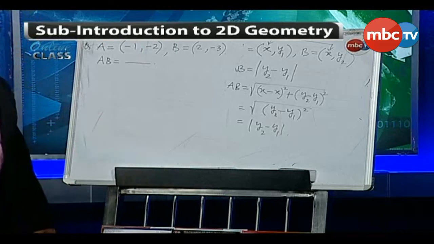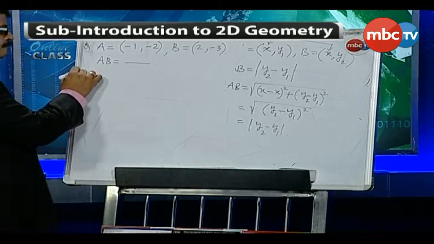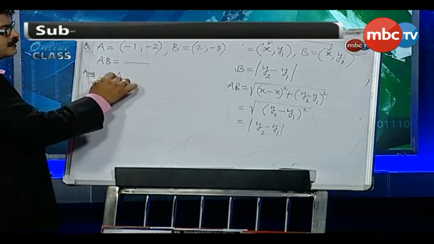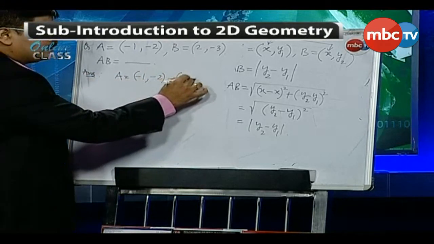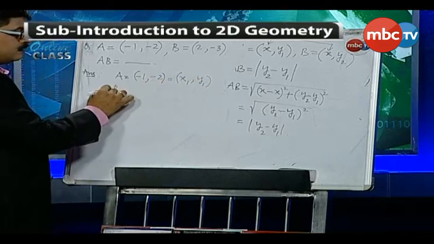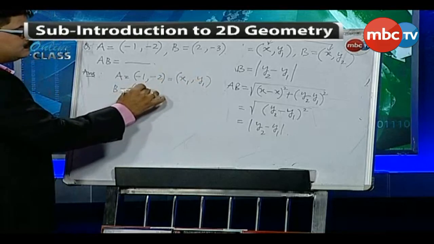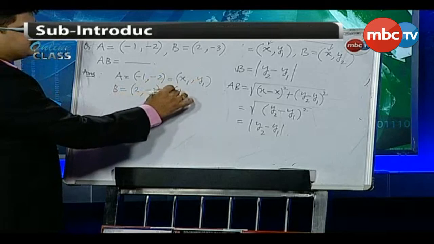In this case, what will be the distance? Say our A is (minus 1, minus 2). Let us take it (x1, y1). B is (2, minus 3), that is (x2, y2).